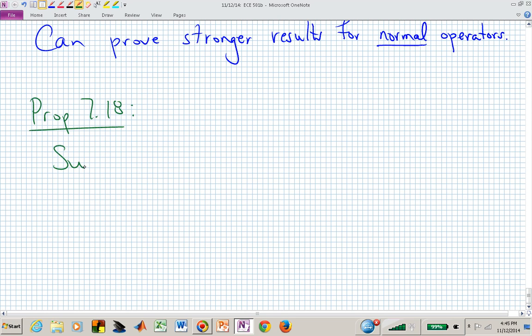This says, suppose that we have a linear operator T and it's normal.